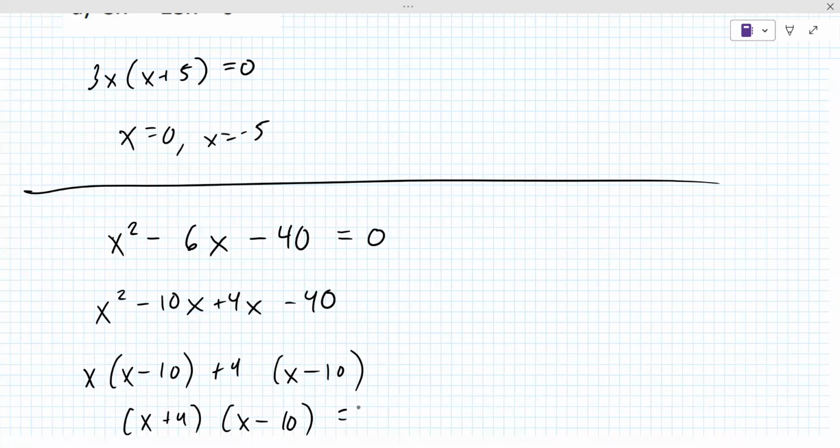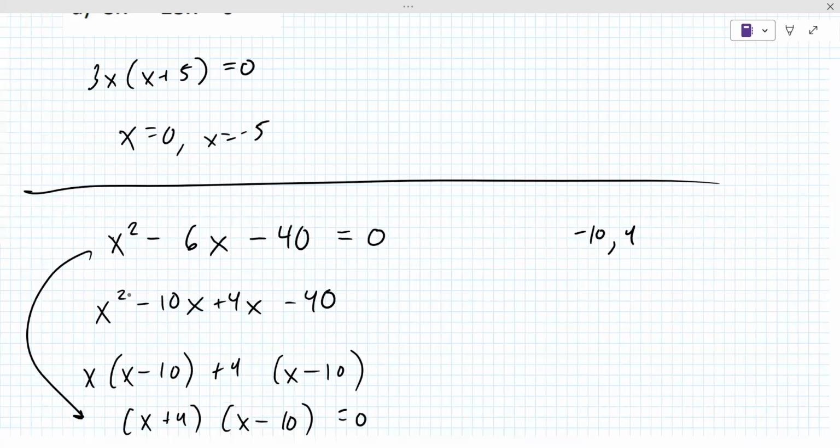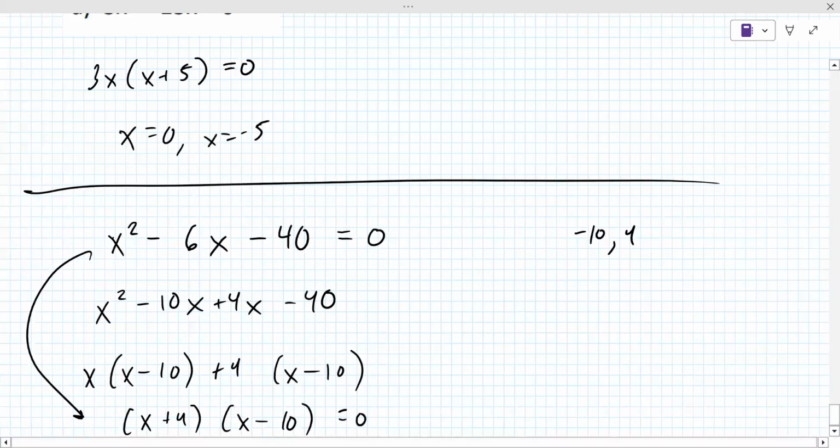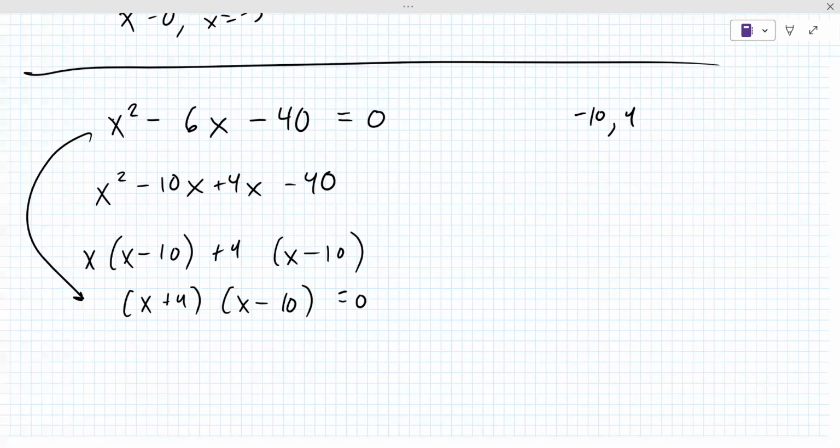Now, do you notice that you told me that it's minus 10 and positive 4, and that those are the numbers down here? Yeah. So you can go right to that step for this type. All right, keep going here. What are the final x values? 10, -4. Yes.